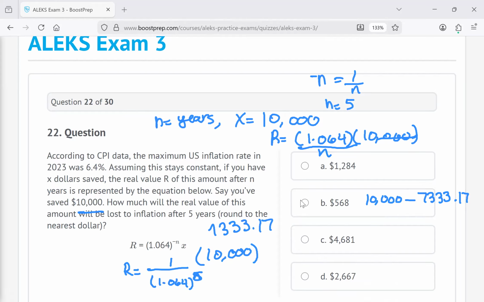So now I have 2,666.83. So that's closest to D, right? Okay, so that was 22.